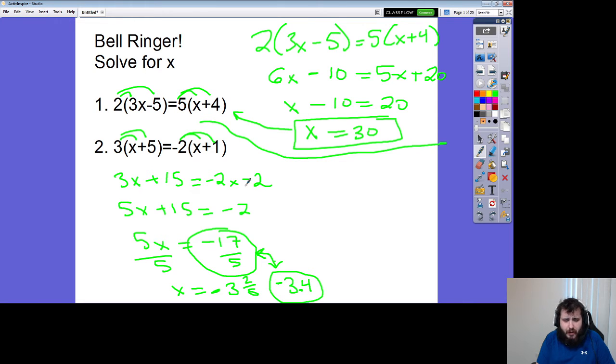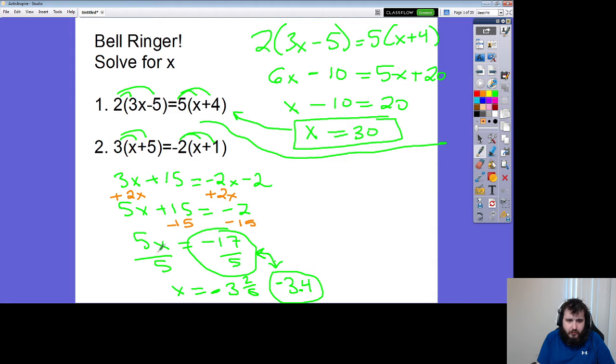So everything else was basically the same. I just forgot to put a 2 here and put a 1 instead because, 7:30 in the morning. But what you can see here, same idea, add the 2x to both sides. Then subtract the 15 over to both sides.